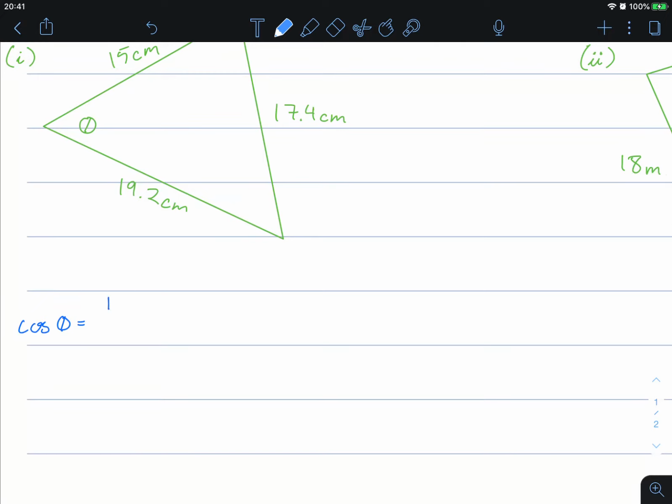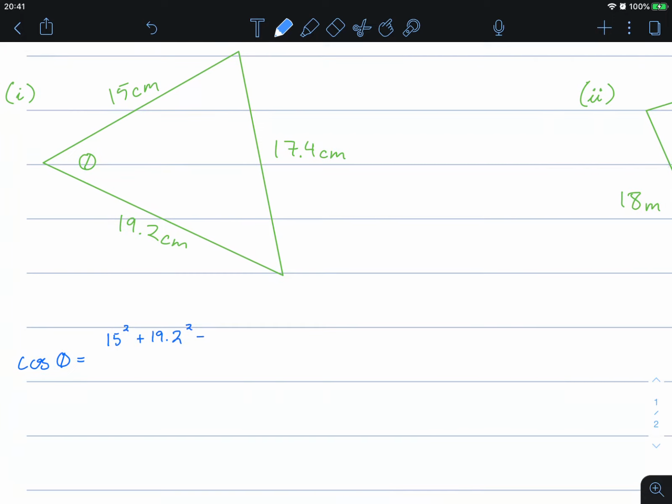So it's going to be 15 squared plus 19.2 squared minus the opposite side to the angle, so 17.4 squared all over 2 times AB. So 2 times 15 times 19.2.